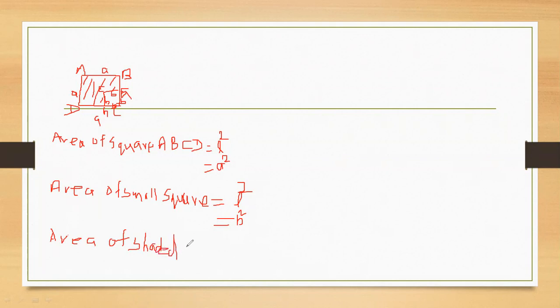Area of shaded region equals what? The big square has area a square, the small square has area b square. When you subtract the small square's area from the big one, you get the area of the shaded region. It means a square minus b square is the area of this shaded region.